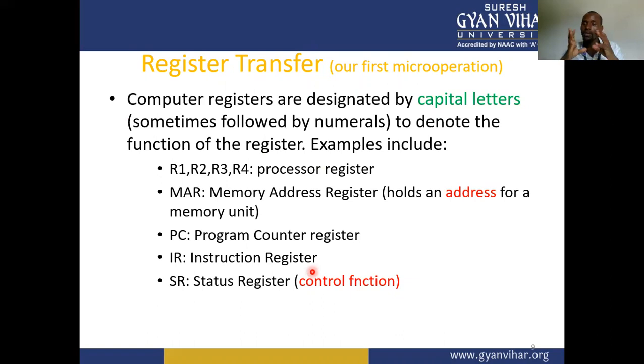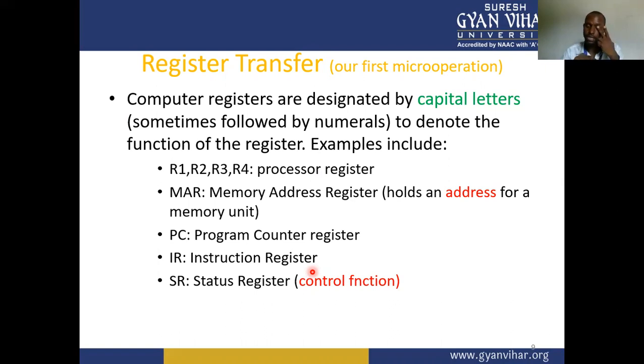Now, computer registers are designated by capital letters. So we use capital letters to refer to registers. So in no situation should you write a register in small letters. Always registers need to be written in caps.